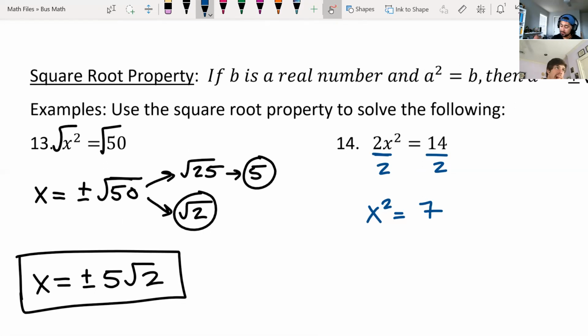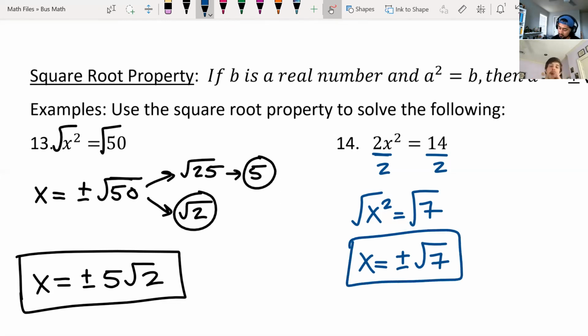And then, since x is all by itself, we're going to use the square root method, and you're going to square root both sides, and we shall get x equals plus or minus the square root of 7. And we can't break down the square root of 7 anymore. So that's it.